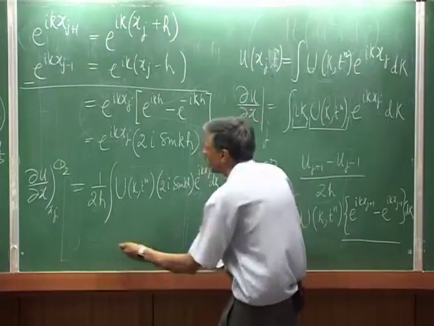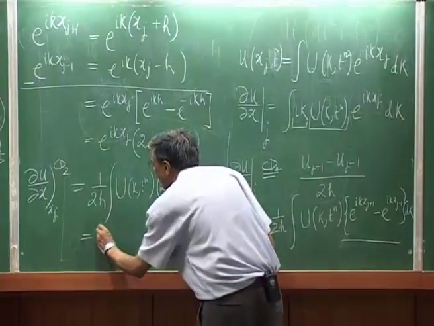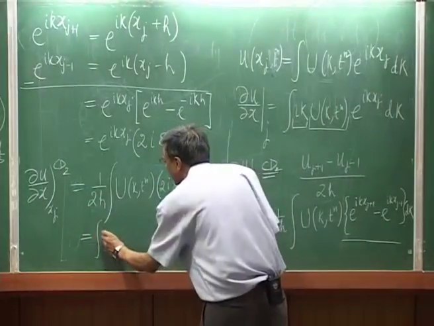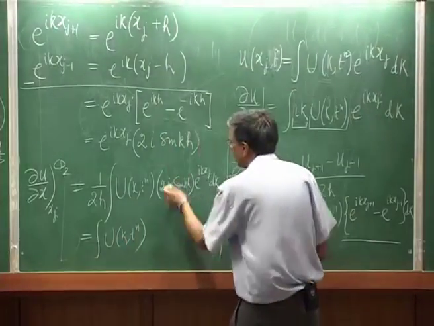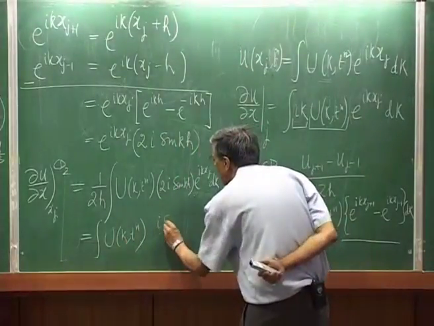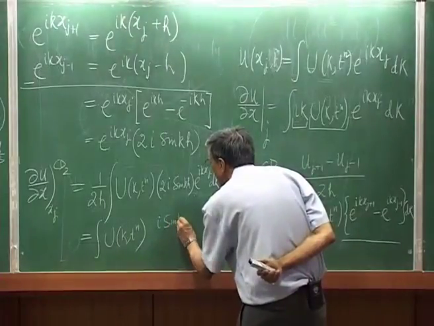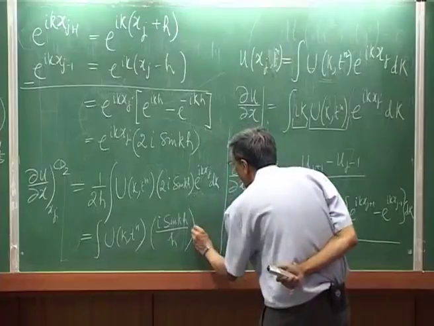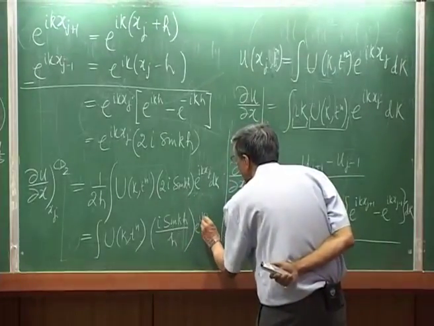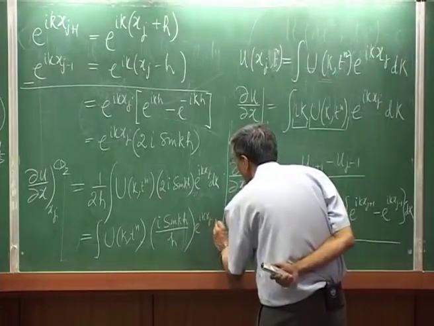Right. So, what I could do is put this inside and write i sin kh by h, and then e to the power i k x_j d k.